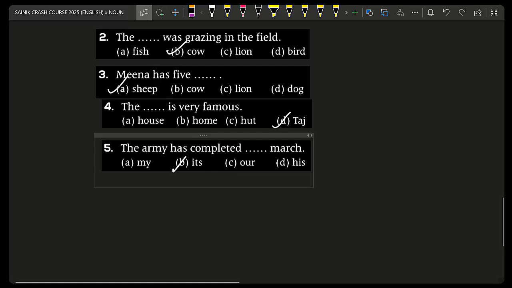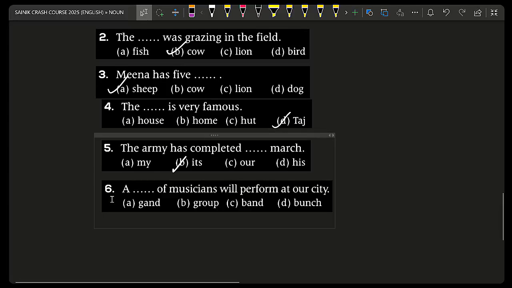So next is the sixth question. If you remember the collective nouns, this question is going to be on collective nouns. A dash of musicians will perform in our city. Option A, gang.